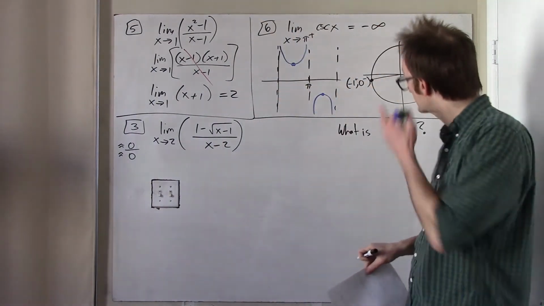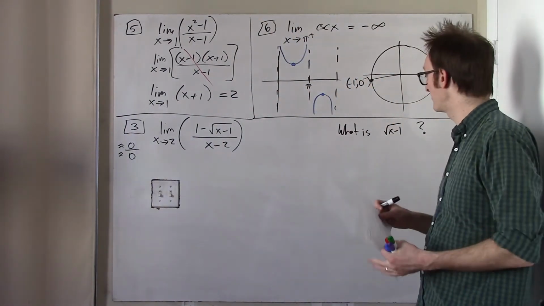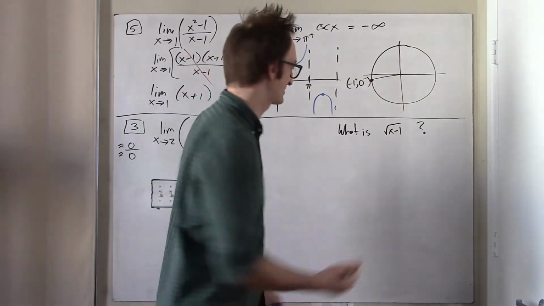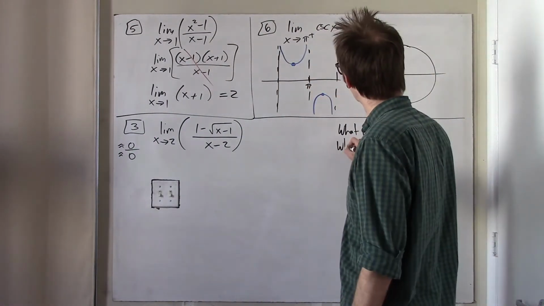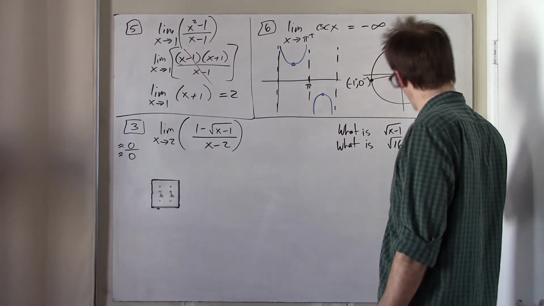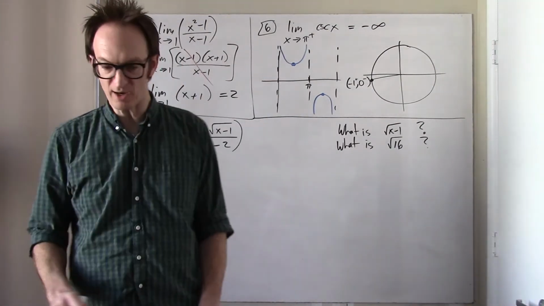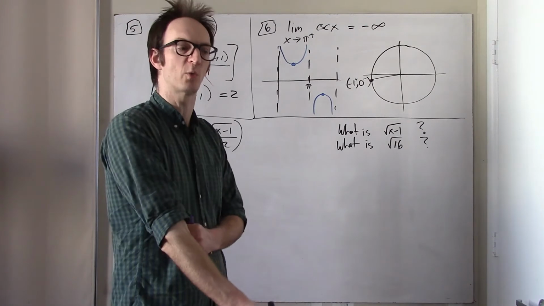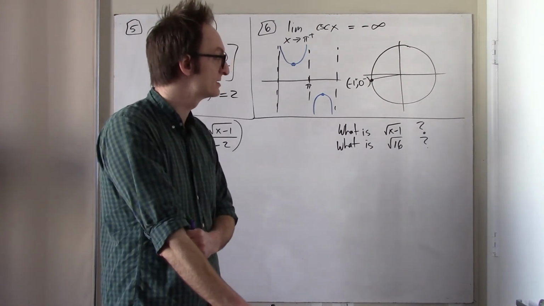Well, it's like asking, what is the square root of 16, for example. How do you teach a 5th grader what the square root of 16 means? Well, it's the positive number which, when squared, is 16.